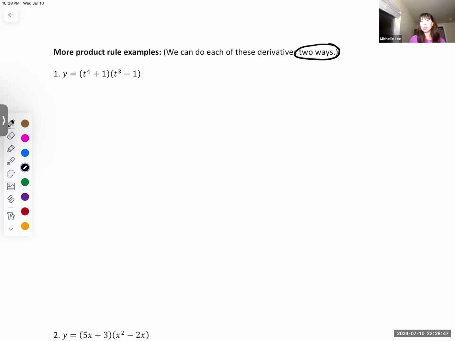Or we can use just directly using product rule, okay? All right, then let's do two ways. So that will be u and this is v, right? Then if we want to make a y prime, we have to write down here y prime, then u prime v plus u v prime.